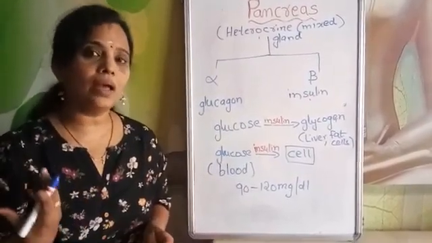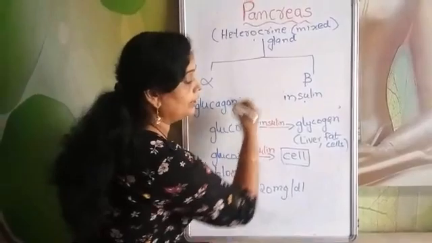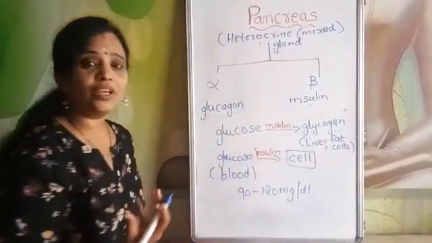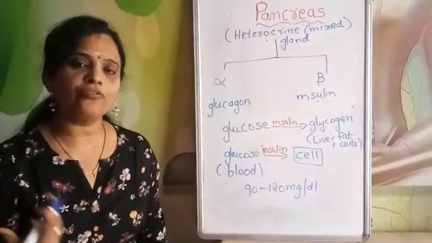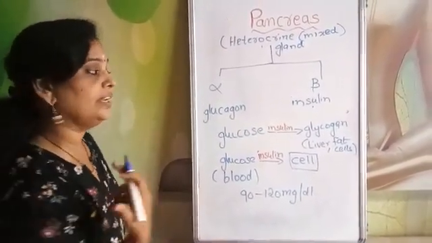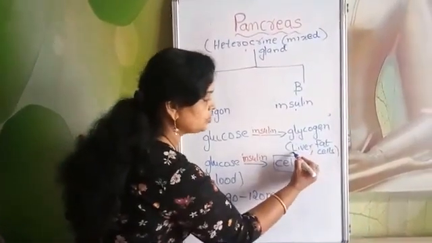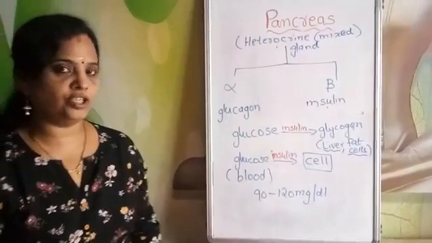What is it called? Glycogen. Glycogen is the deposited form. It is actually called animal starch. It is the stored form of carbohydrate, the stored form of glucose. And where will it get stored? Generally it gets stored in the liver and your adipocytes, fat tissues.